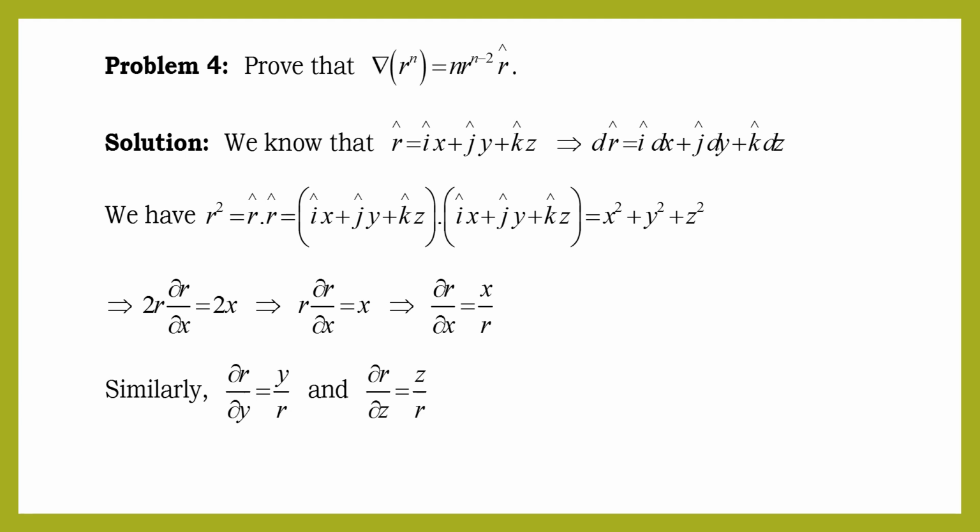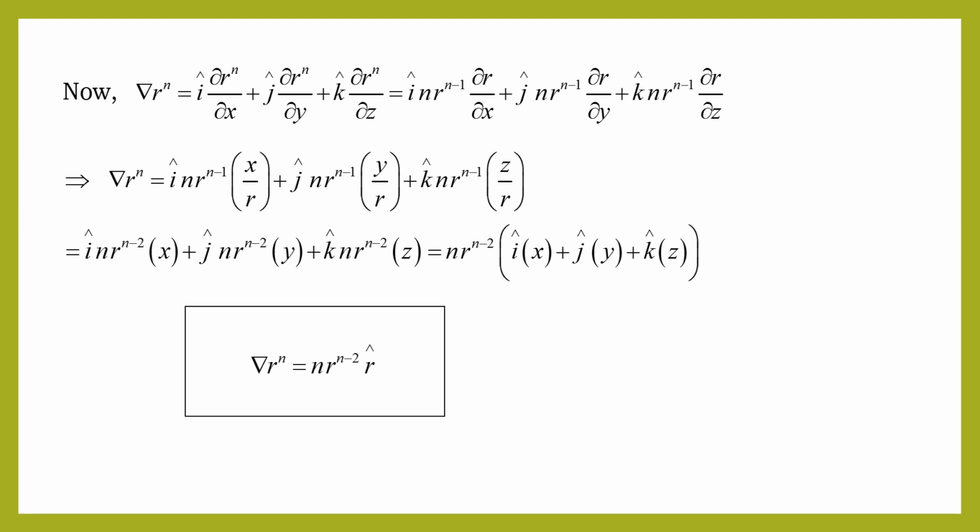Similarly, by taking r² equals x² + y² + z², we can find 2r ∂r/∂y equals 2y, from which we get r ∂r/∂y equals y. That gives us ∂r/∂y equals y/r. Similarly, ∂r/∂z equals z/r.